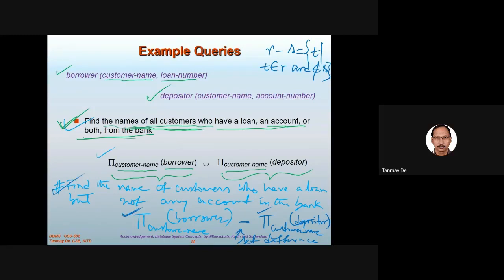So those customers are our target: the list of customers who have a loan but not an account. Is it clear for the other students?